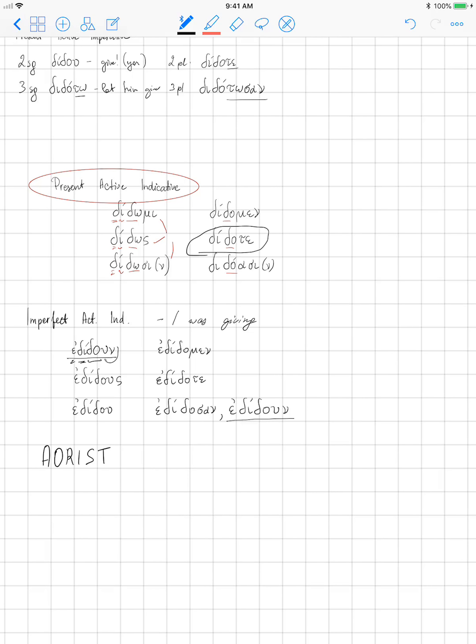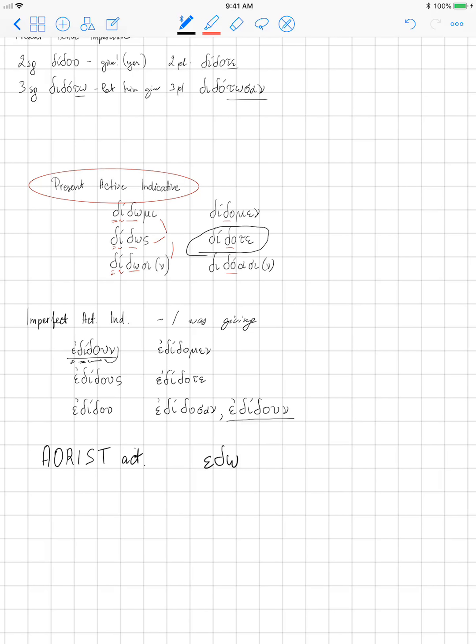Now, we have a stem, as usual, aorist active. Stem is do. Is it a continuous aspect? No, it is not. And it does not have reduplication, for that sake. And again, it's just my explanation. Don't take it too seriously. But it does have augment because it happens in the past.